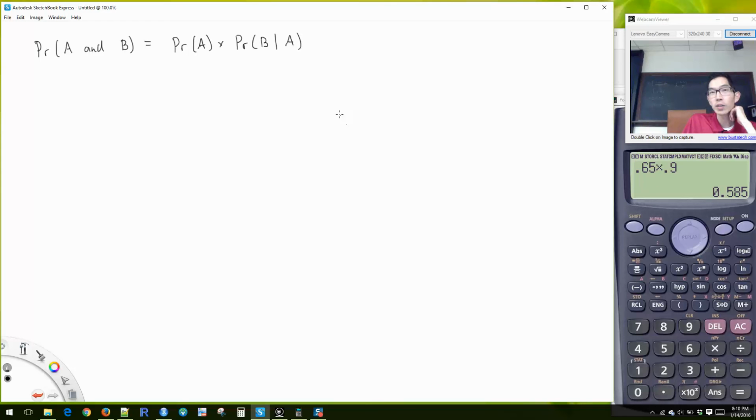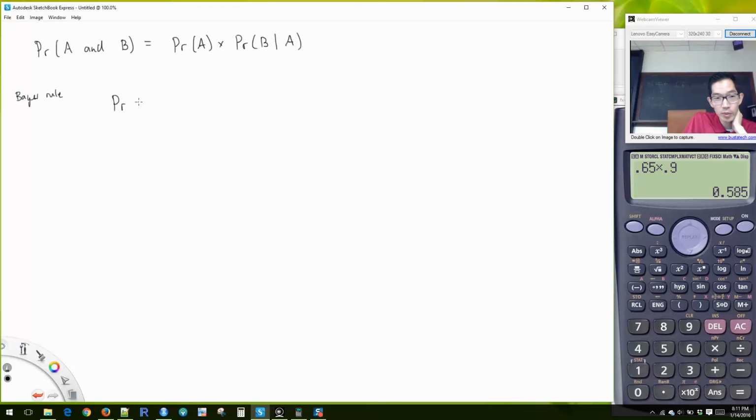Well, we can do some quick algebra. In that situation it was assumed that we were given A and B given A. But we might have a situation where this is the piece of information that we want, and we have the other bits of information. So we can flip things around, and this is known as Bayes' rule.